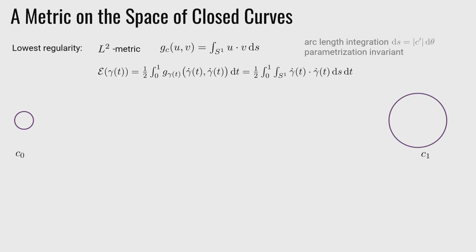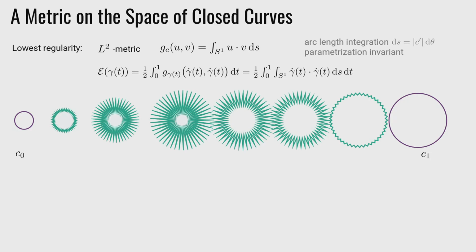So now, if you look at those two circles, you maybe want to compute a path that actually minimizes the energy between those two circles. And what happens is that you get a path that looks kind of like this, which is probably not what you would like.